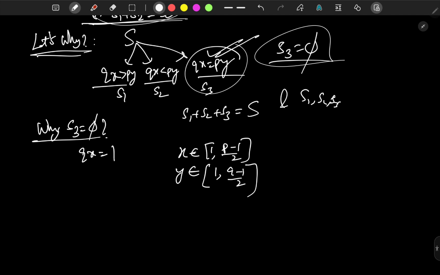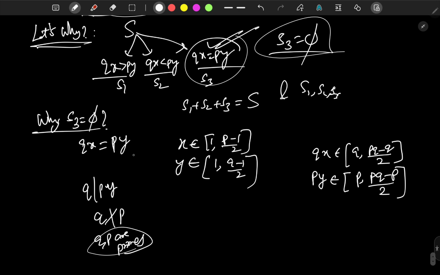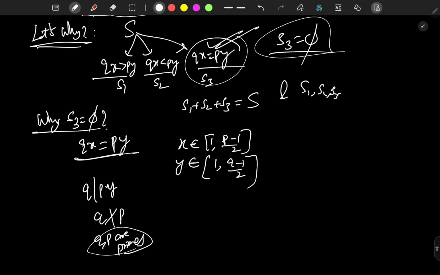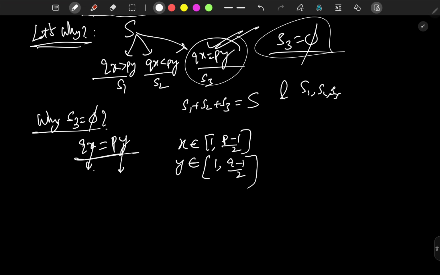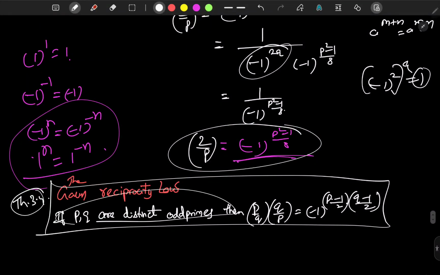Now tell me, see this: qx equals py. That means x is an integer, y is an integer, and q comma p are distinct odd primes.